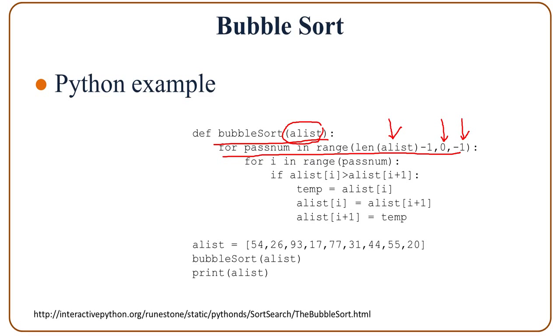Now looking at the inner loop, for each element from the first to the last or the next to the last, and so on, if we see the element is greater than the element just after it, then we switch the two elements.